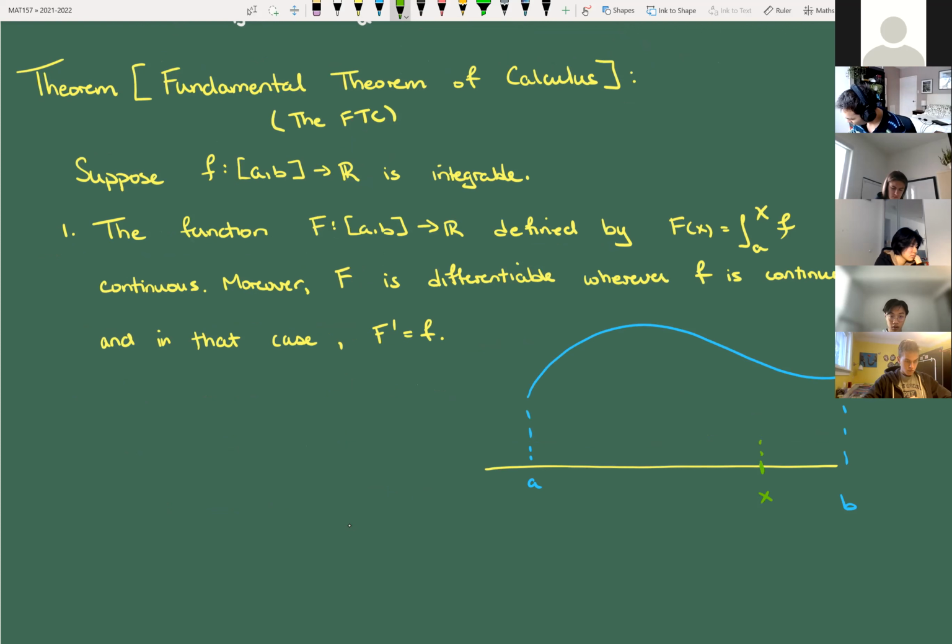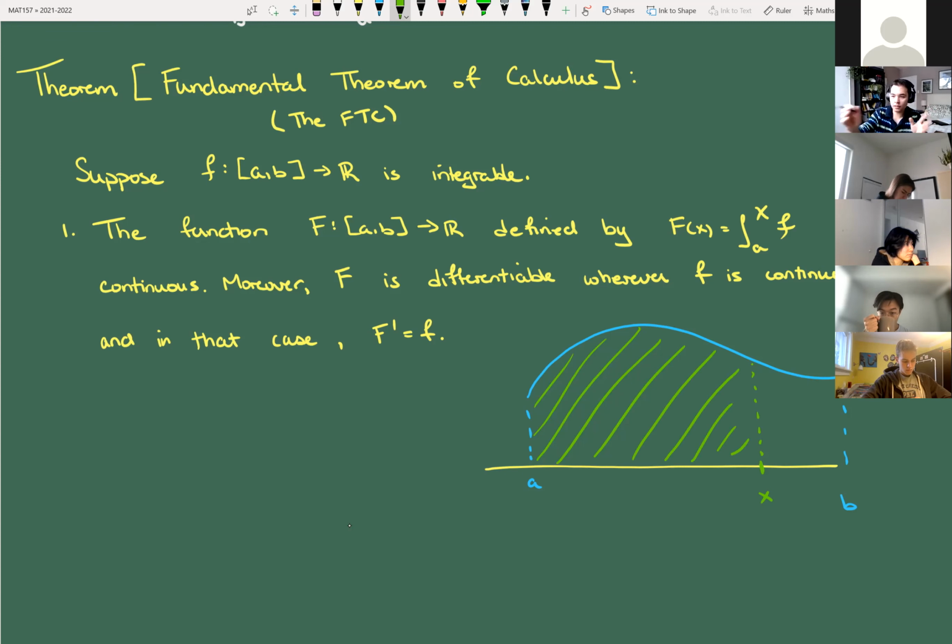And so what this function capital F does is it computes all the area from a to x, right? So think about moving x as like a slider, and you compute the area from a to x. I wish I could make a movie of this for you, but as I move x, this shaded area moves with it. And that's what capital F is doing. Capital F is computing the area.